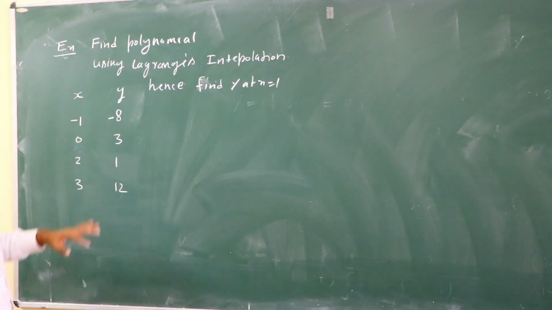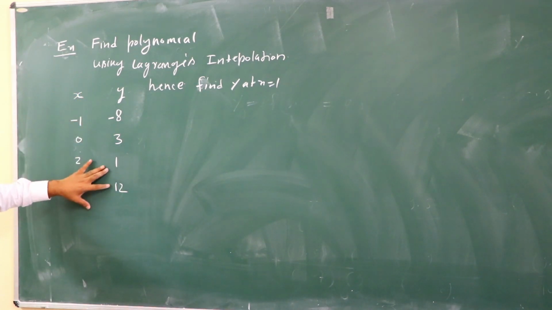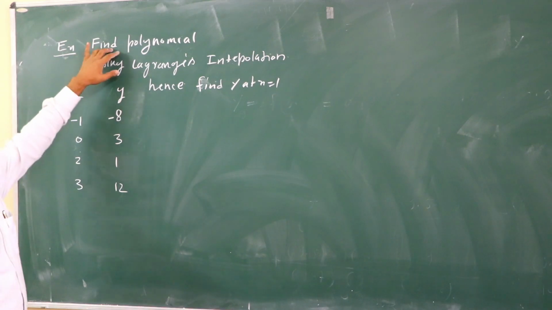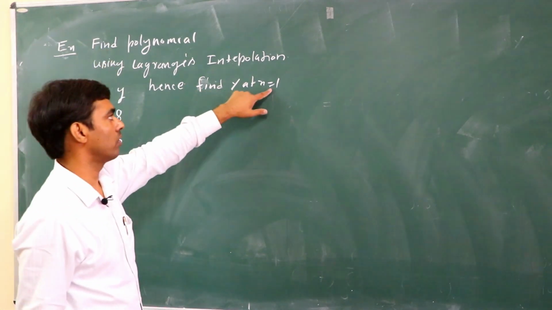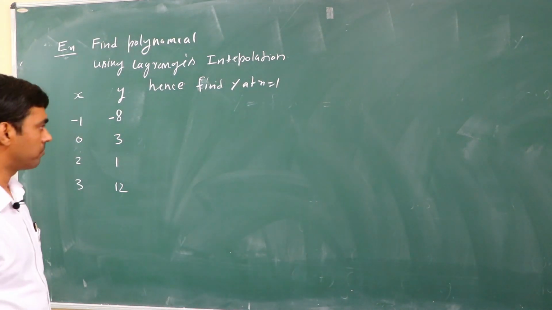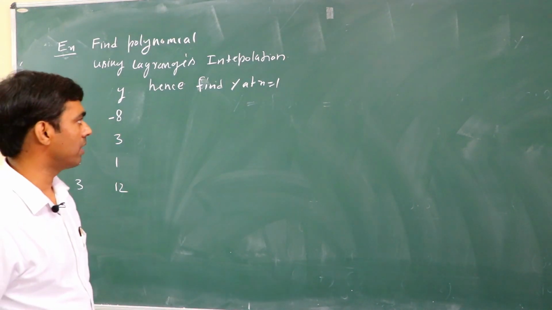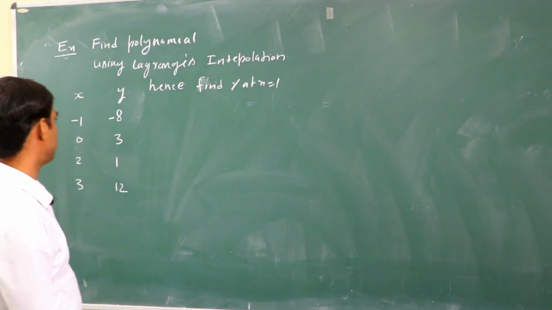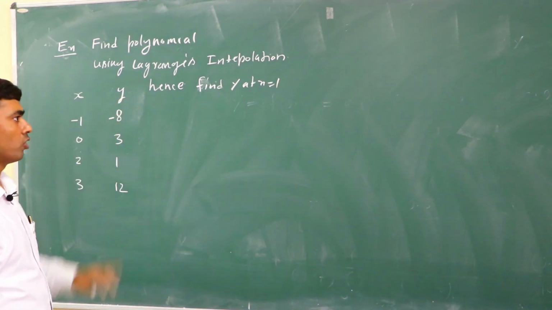What is the meaning of this? With the help of this data using the Lagrange interpolation formula, first we find a polynomial, then we put x equal to 1 to find the value of y. So first we find a polynomial.